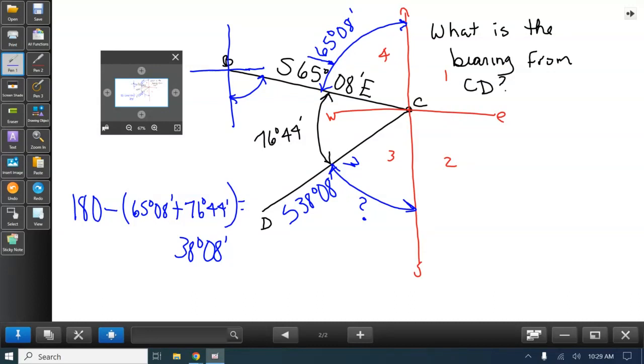You can use either one, and you're right. If I use one the first time, it's okay to use the other the second time, because it's exactly the same reading. It's still going to be straight. That one was south 38 degrees 08 minutes west, and I got the west right over here.